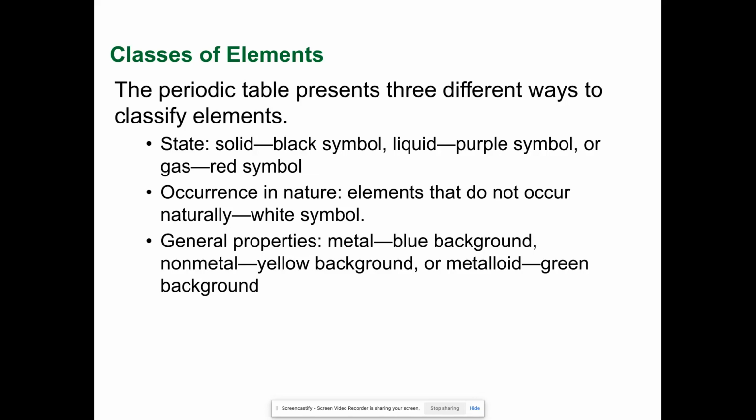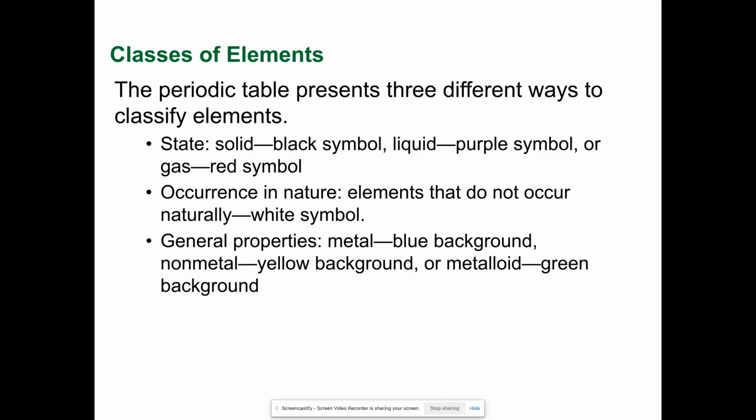Occurrence in nature: elements that do not occur in nature usually have a white symbol. Those are byproducts of something, and we sometimes refer to them as man-made elements. They're not natural. You don't naturally see them.